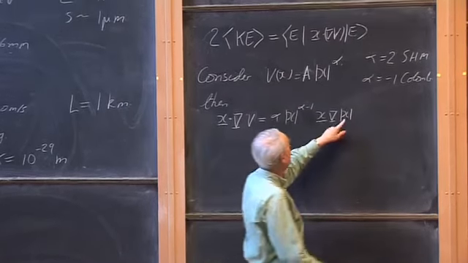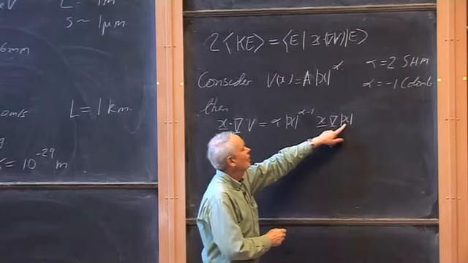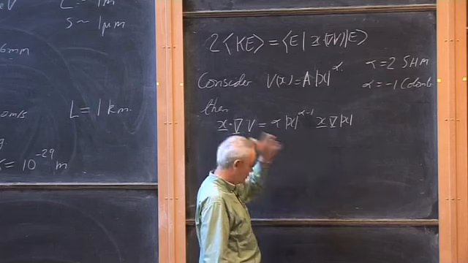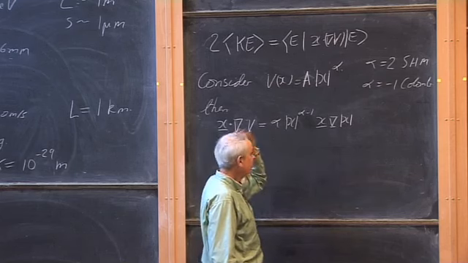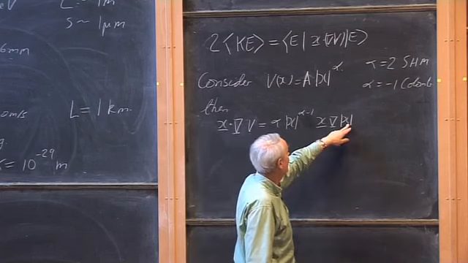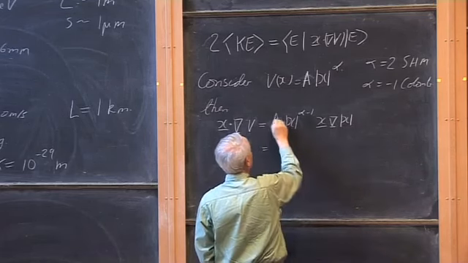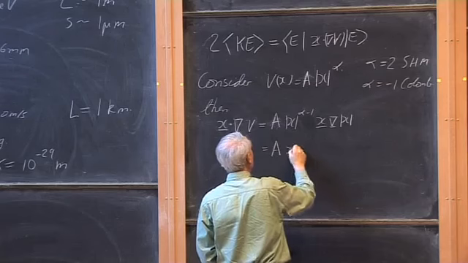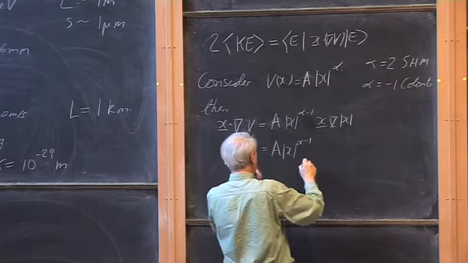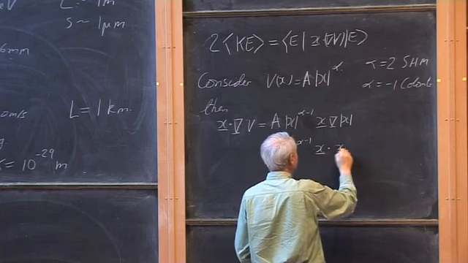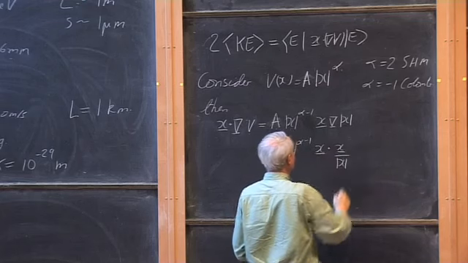And the gradient of mod x is the unit vector x, so it's the vector x over mod x. So this is a times mod x to the alpha minus 1 times x dot x over mod x.